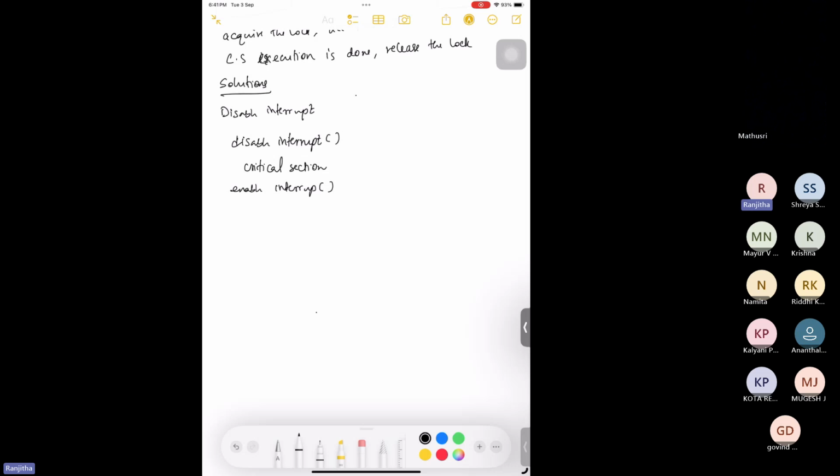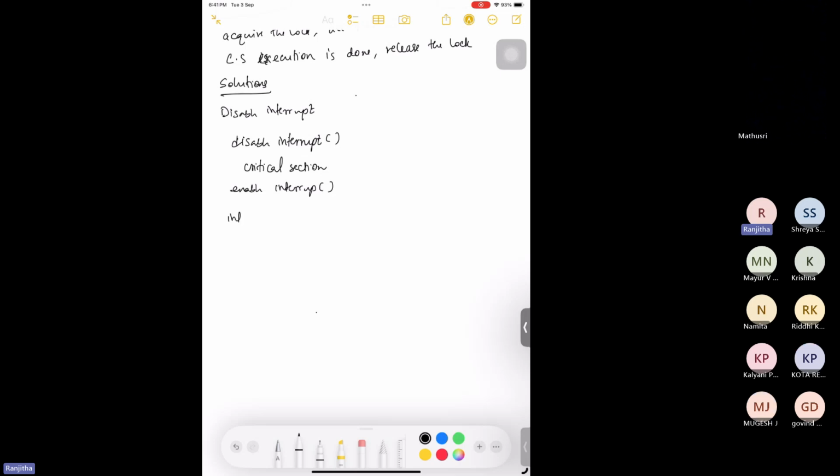Another software solution, I will just quickly skim through; you can get the details from the lecture. One way is to have another shared variable called turn, so process one takes the first turn, then process two, and so on. We will have a variable turn, which is equal to 1. In process P1, the critical section is entered only if it is not the case that turn equals 2: while turn equals 2, you cannot enter.